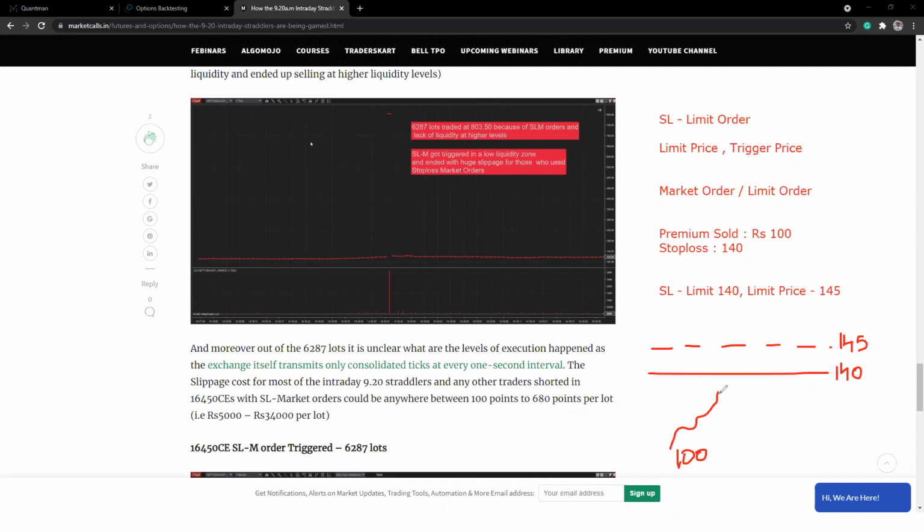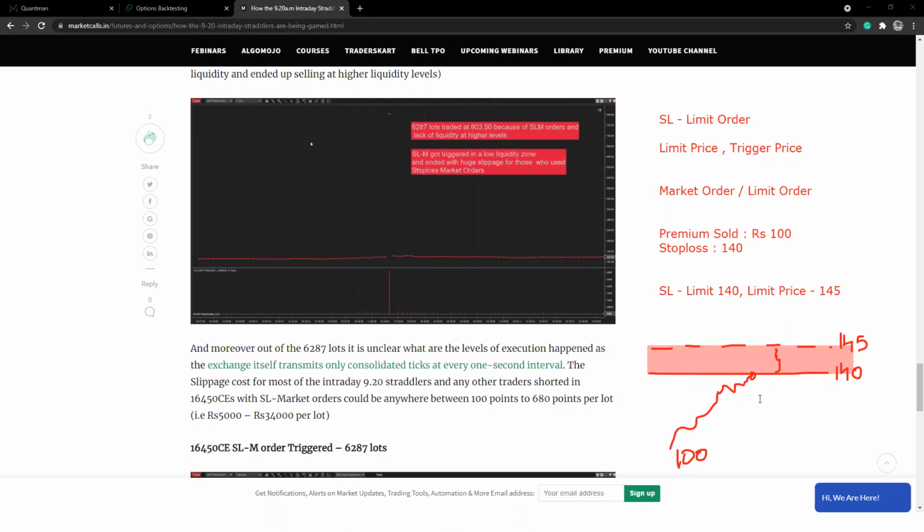If this trigger is touched, it will look for the next level of immediate buyers. If the buyers are available within this range, you are lucky. Your order could execute anywhere in this zone as a market order. It's not a limit order. It will execute as a market order.